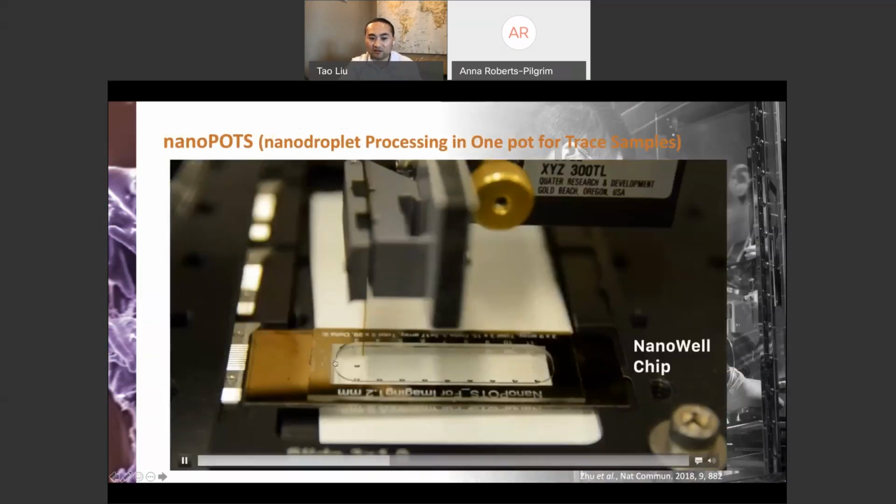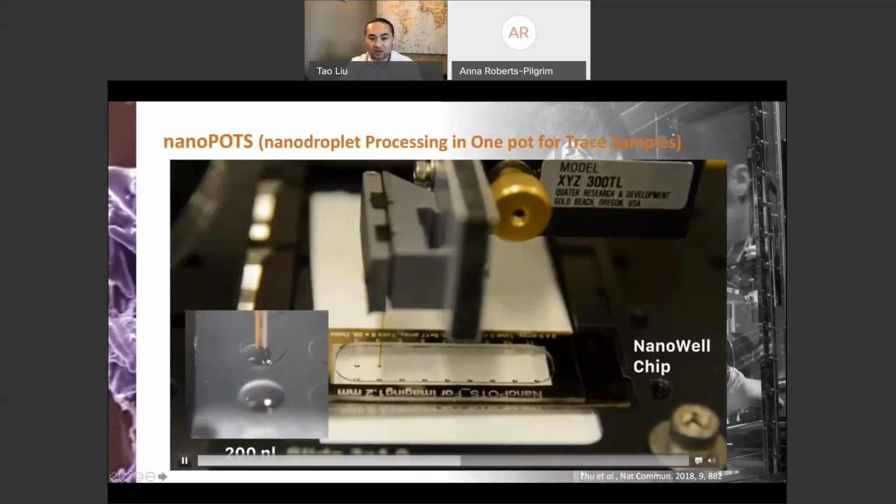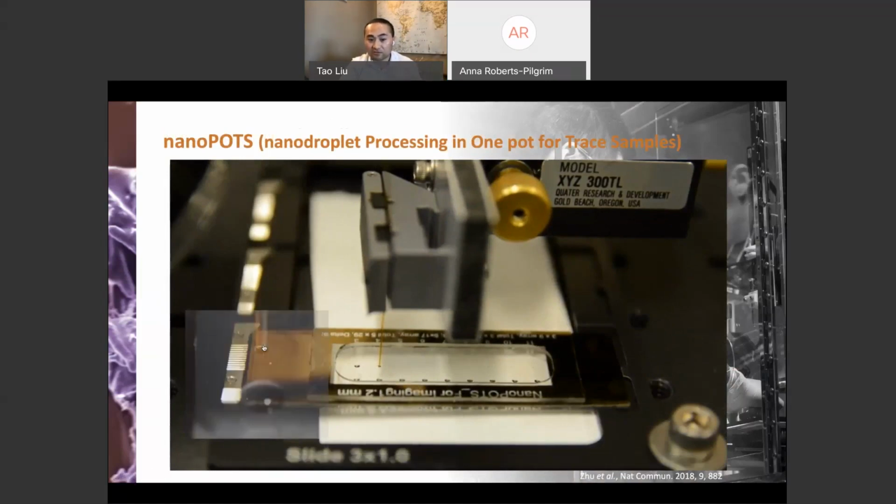The typical volume for each individual well on this chip is only 200 nanoliters. With this setup, we can dispense and also withdraw the liquid automatically and completely from each individual well. By doing so, we can minimize a lot of surface contact and sample loss. We can also automate a lot of the typical proteomic sample manipulation in the same device without the need to transfer to another vial, again minimizing sample loss.